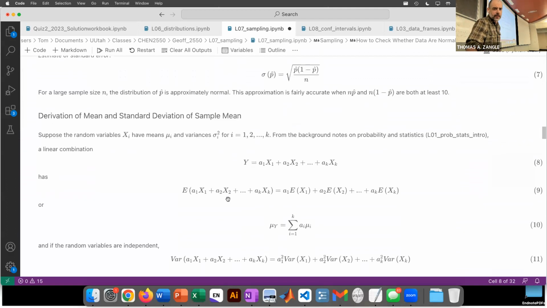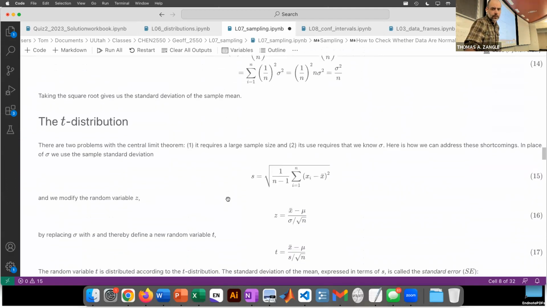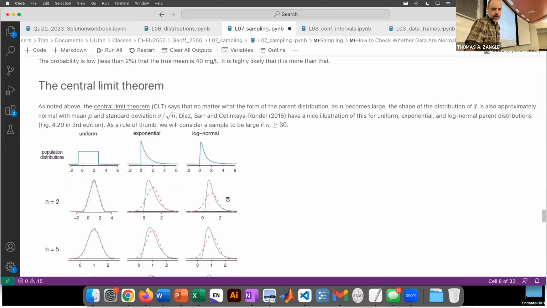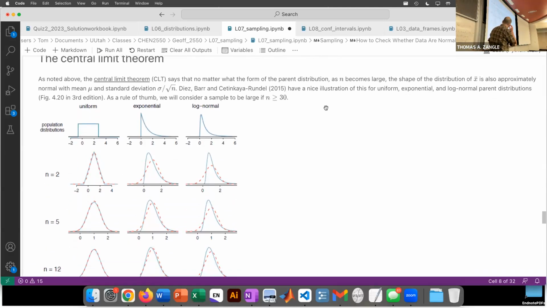But this idea of the central limit theorem, I'm just going to scroll down to the central limit theorem. The idea of the central limit theorem can apply to any distribution that we have. We saw this in the Poisson example at the end of the previous lecture notes.